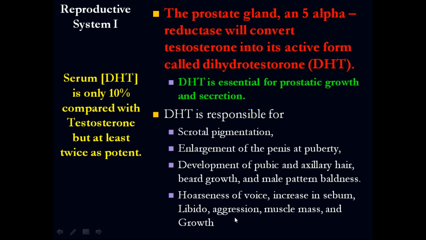One thing I want to tell you is that DHT and testosterone work together with growth hormone. So growth hormone works in synergism with testosterone and DHT. Something we need to consider is that DHT is going to cause growth of the prostatic gland.